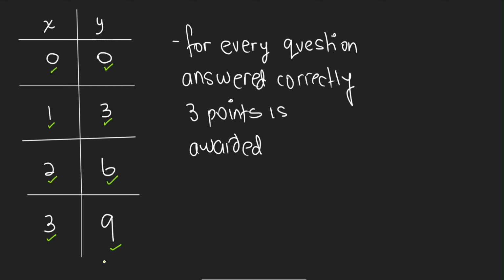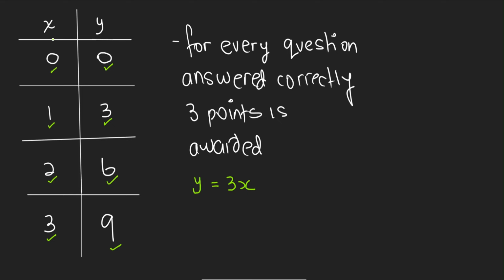Now, from the way I say things, you could realize that the variable y, for some reason, has to wait for the response or the input from the variable x. So I can go ahead and write this equation. This equation says that the value of y equals 3 times the value of x.